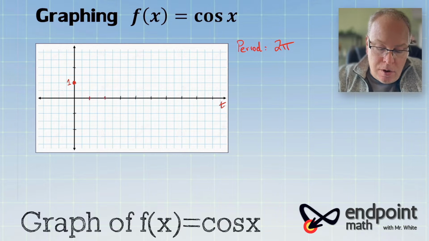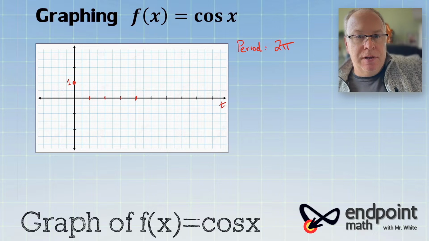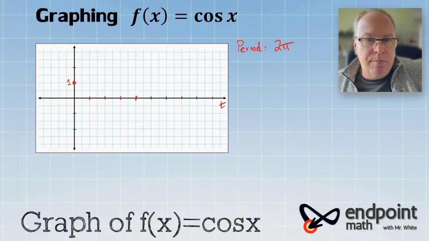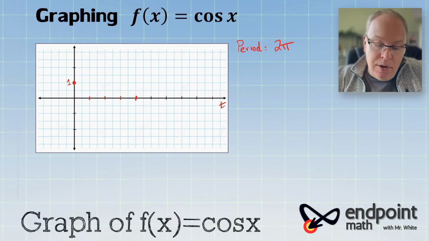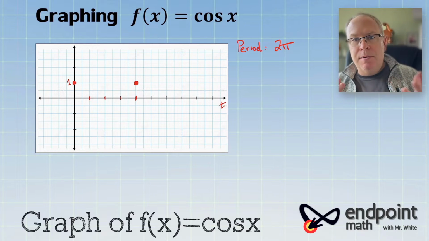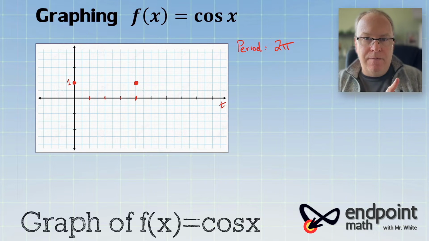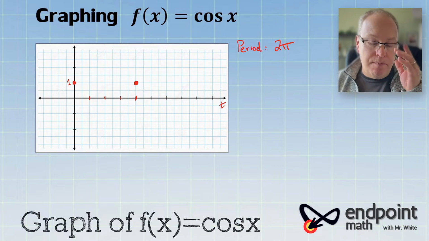So I'm going to go all the way over here. We need 4 quadrants, so it'll be 1, 2, 3, 4. It'll be the fifth hash mark, if you count 0 as the first hash mark, and it's going to finish there also. So we've got 2 of our 5 dots. Remember at the beginning of this video I said there's 5 dots we need. So there's my start and my finish. You with me so far?